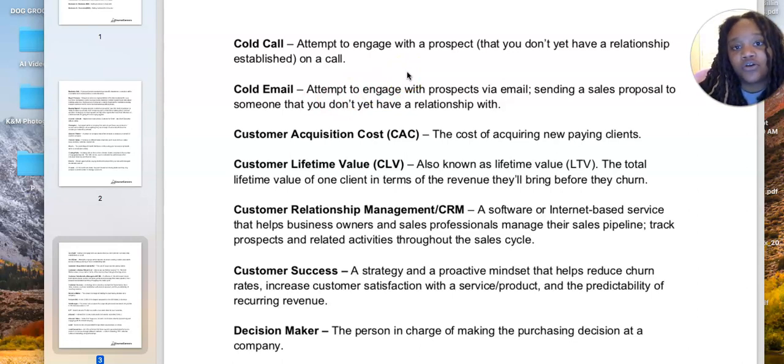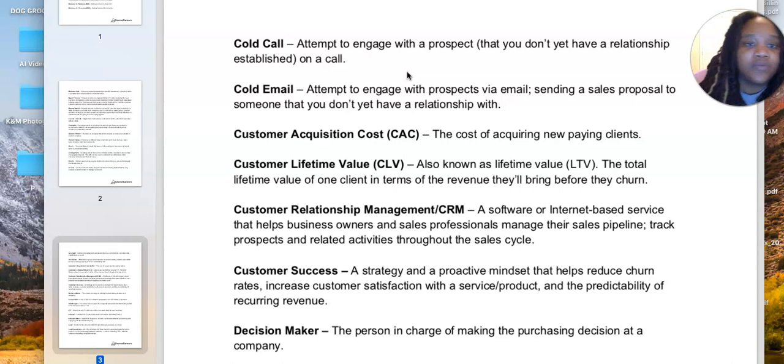So cold call, you're just calling them up saying, hey, John, I'm Maury, I'm with blah, blah, blah company. I'm not going to go through the whole entire script, but in order to be a sales development representative, you need to know what a cold call is and have a script that makes sense, that is clear, concise, that has structure and things like that.